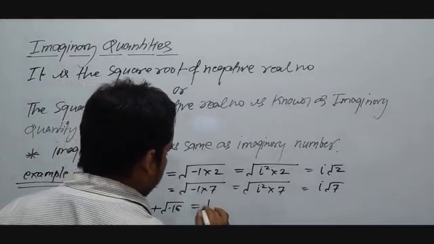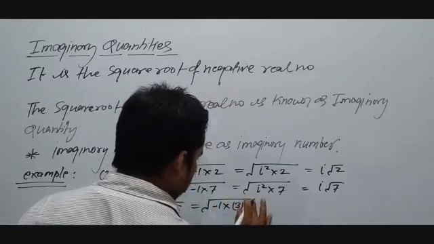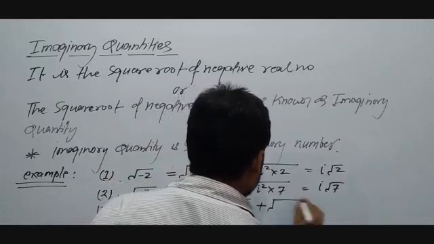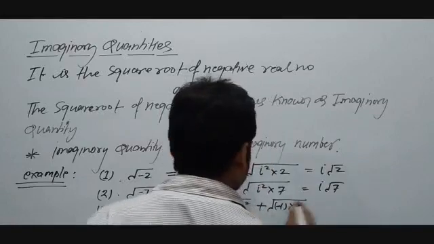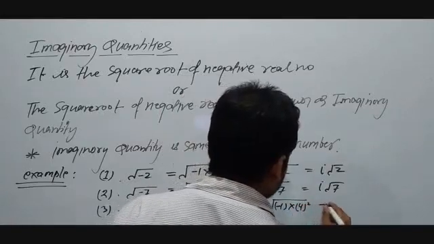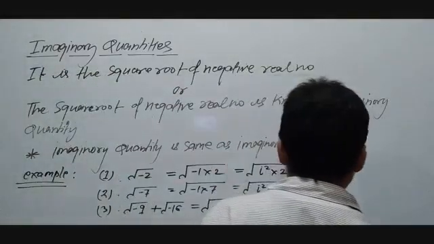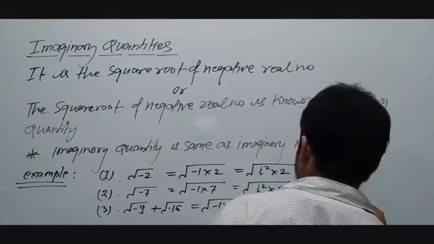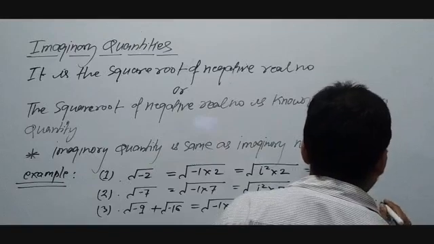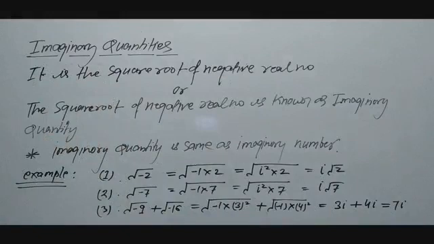So its result we can write root of -1 into 3 square, and plus sign root of -1 into 4 square. And you know minus 1 value is i square, so minus 1 we can write i square, means its result will be 3 times i plus 4 times i, and its result will be 7i. Now this topic is totally completed.